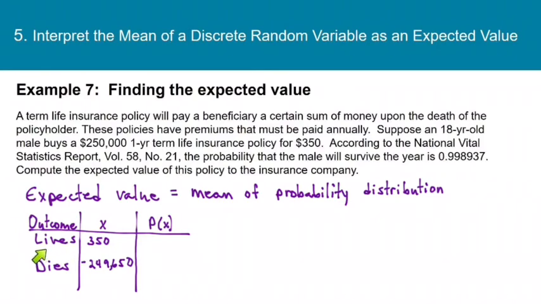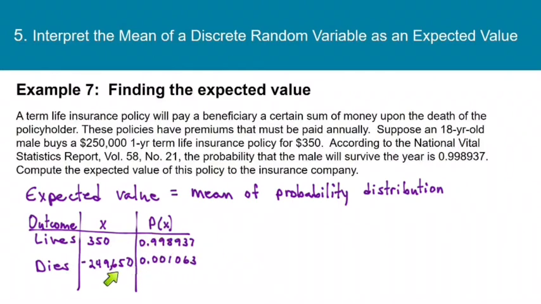Now the probability that this 18-year-old male lives is actually 0.998937, so virtually certain that he's going to live. But the probability that he dies is the complement of 0.998937. So 1 minus 0.998937 is 0.001063.